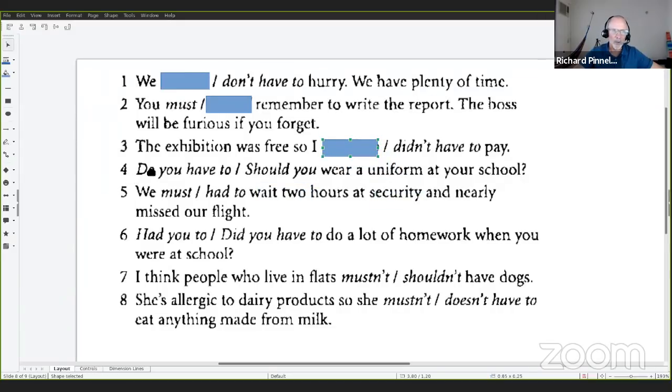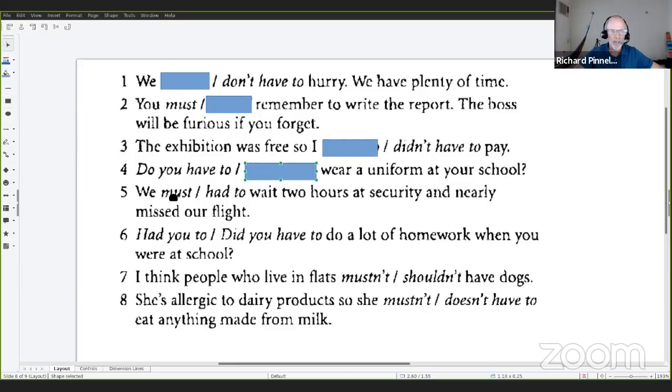Number 4, do you have to or should you wear a uniform at your school? Do you have? Have to. Yeah, do you have to? Very good. So we can cross that one out. We don't want that one. Do you have to wear a uniform at your school?